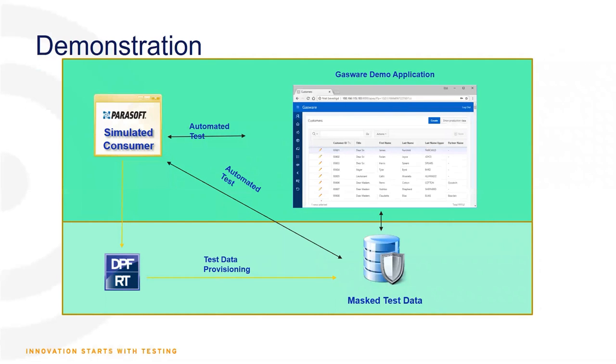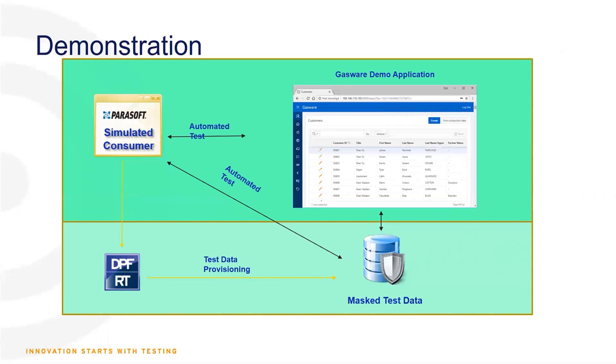So during the demonstration, as said, I will start with the Parasoft environment manager or the continuous testing platform, and it will start a test which will run automatically to Guessr. And in the meantime, Parasoft SOA test will invoke DATPROF Runtime in order to start the anonymization process, in order to get masked test data or anonymized test data.